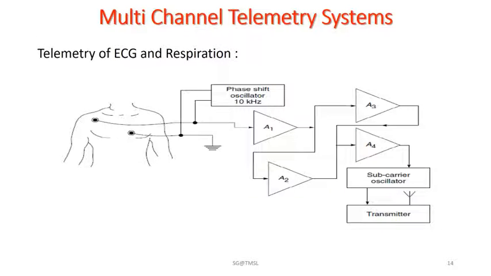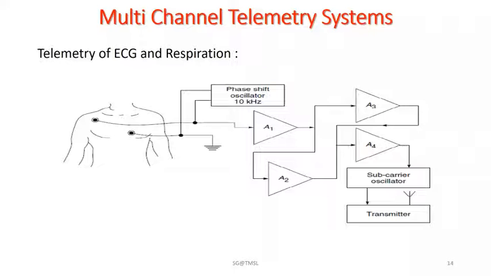So in multi-channel telemetry system, medical measuring problems often involve the simultaneous transmission of several parameters. For this type of application, a multi-channel telemetry system is employed. It is particularly useful in athletic training programs, as it offers the possibility of simultaneously observing several physiological parameters of the person being monitored.